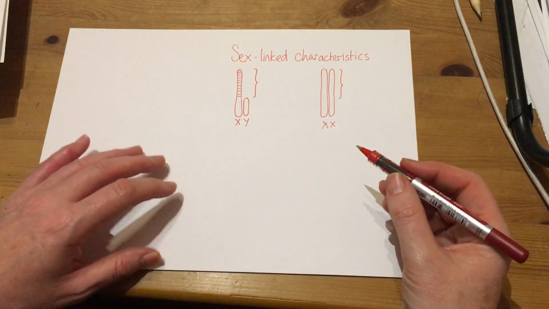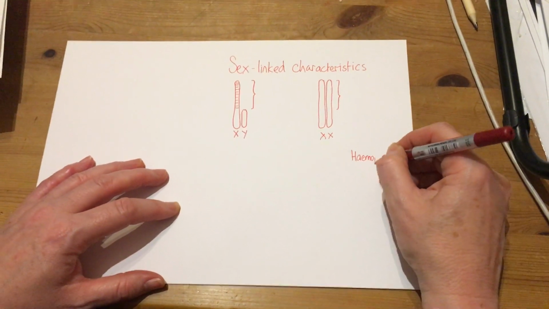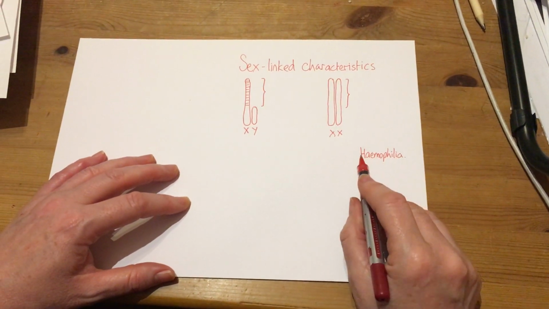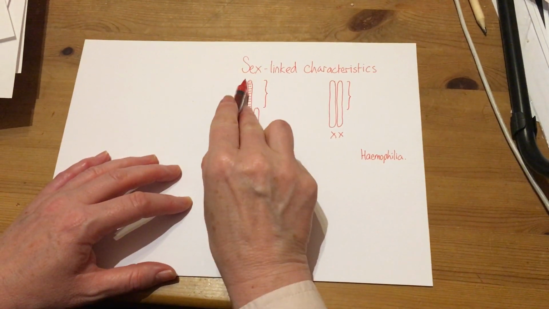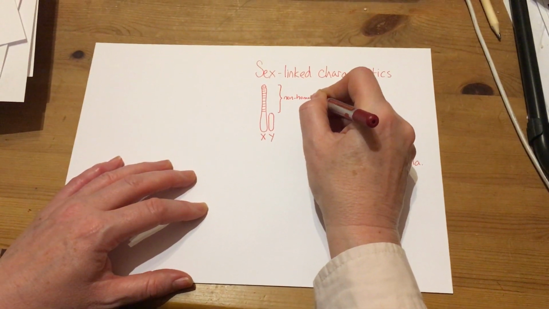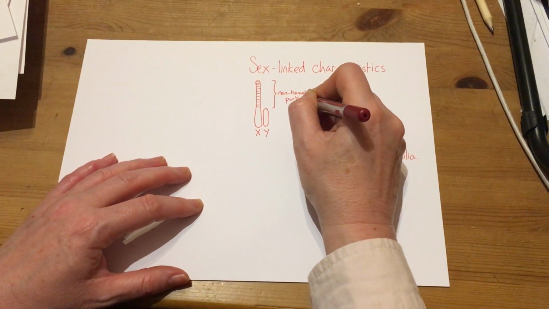Let's have a look at an example. An example that's really common is hemophilia. Now, the hemophilia allele is carried on this non-homologous portion of the X chromosome.